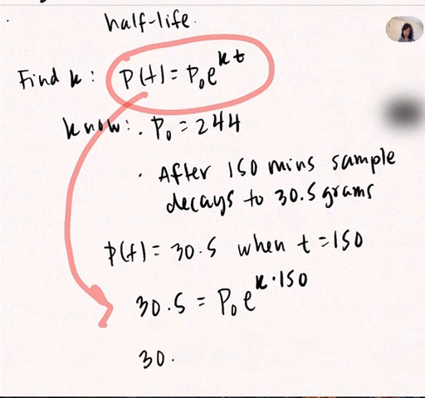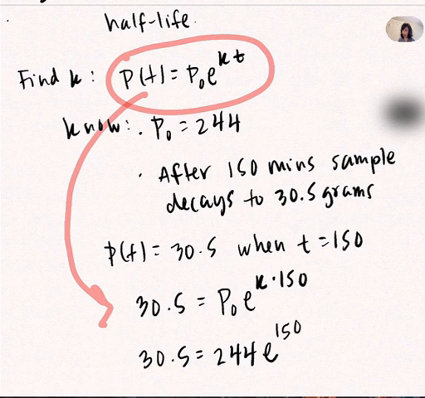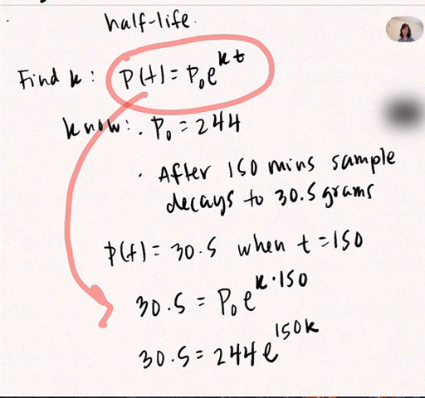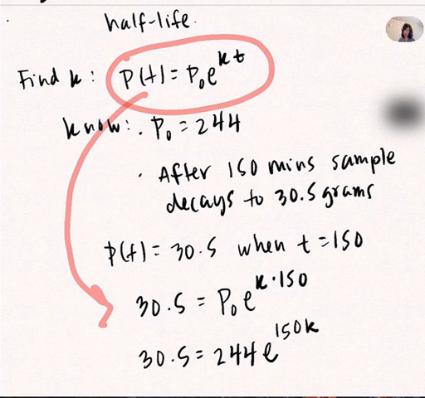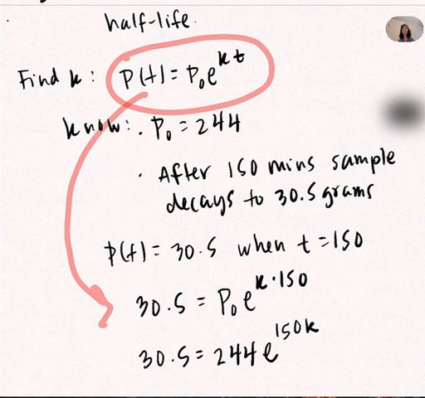So we know 30.5 has to be equal to 244 e to the 150k. I'm just changing the order of the 150 and the k because it's the convention to put the constant in front of the variable. Okay, this is really great because now we have an equation with just one unknown in it. So if you have an equation with just one unknown like this, just a k here, we can actually solve for it. And we can use our strategies for solving exponential equations to do this.